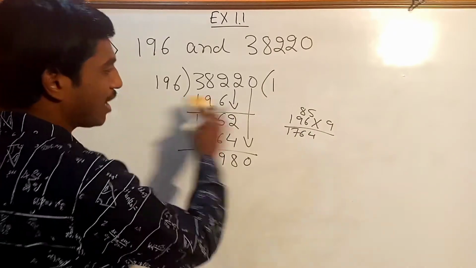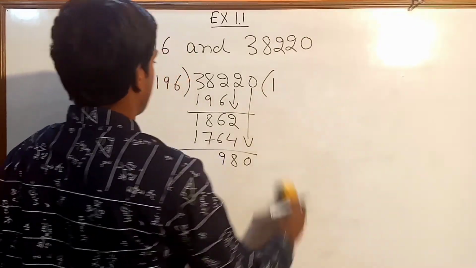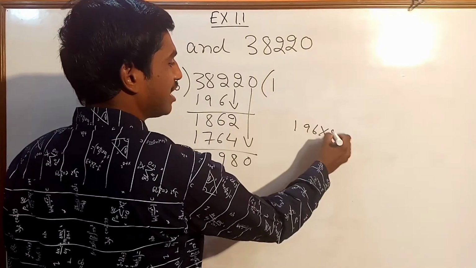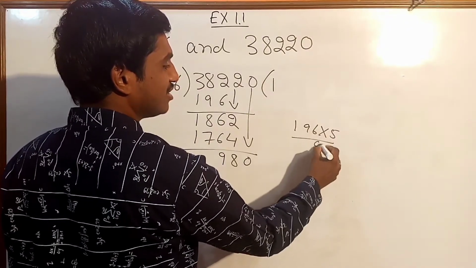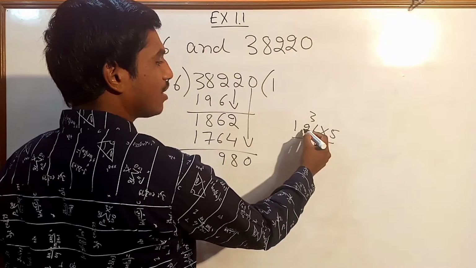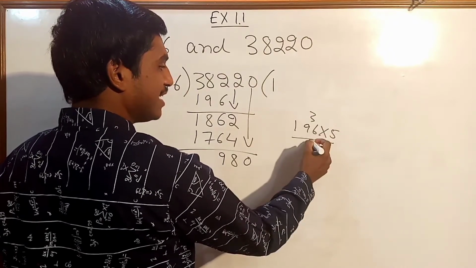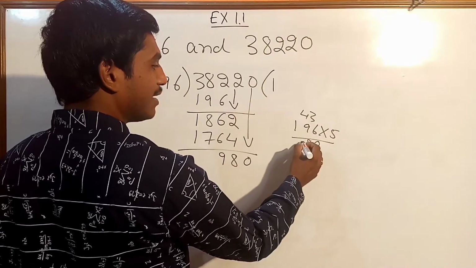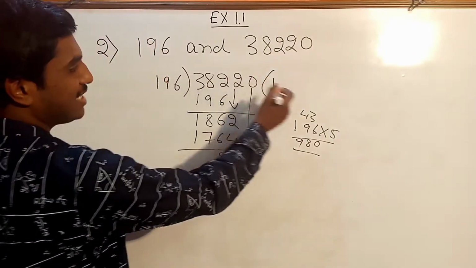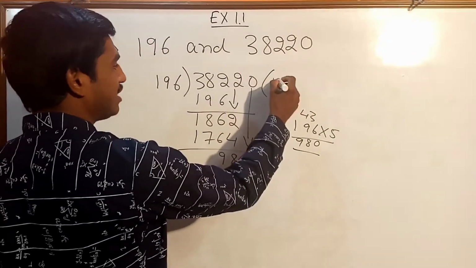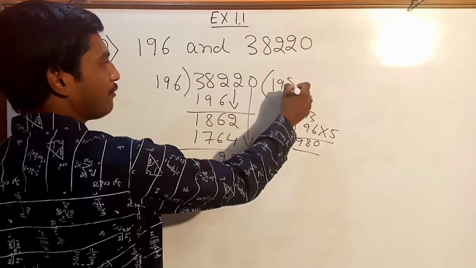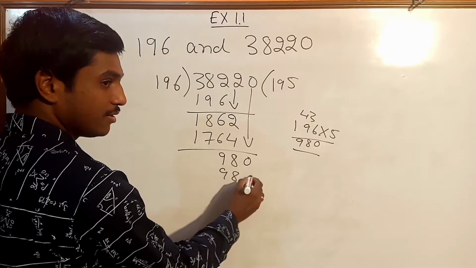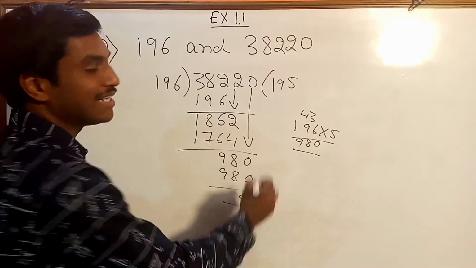We have here 196. 196 into 5, if you multiply, 6 5s are 30, carry 3. 5 9s are 45 plus 3 is 48, carry 4. 5 1s are 5 plus 4 is 9. So we'll get 980. So 196 into 5 will be 980. So we'll get 0 remainder.